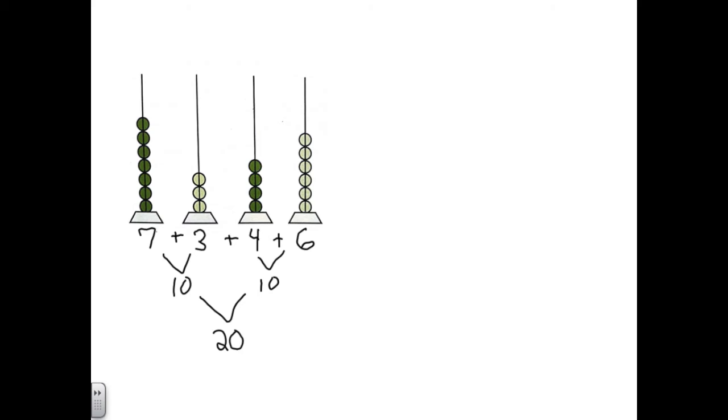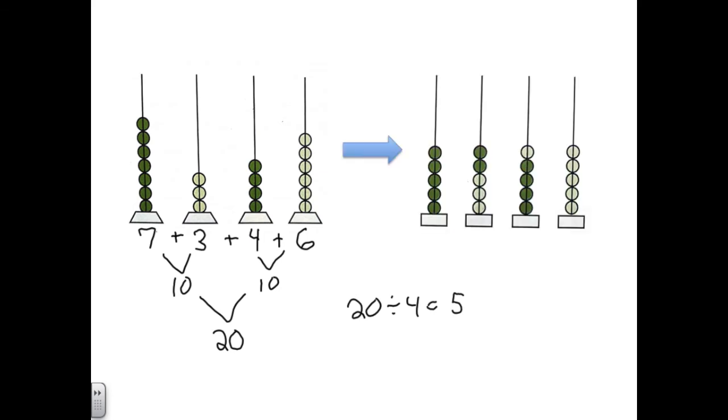And I want to put an equal number of marbles in each group. Well, I have 4 groups. If I take 20 and divide it into 4 equal groups, 20 divided by 4, I could have 5 in each group. And you can see here that I was able to redistribute those marbles so that there were, in fact, 5 in each group.